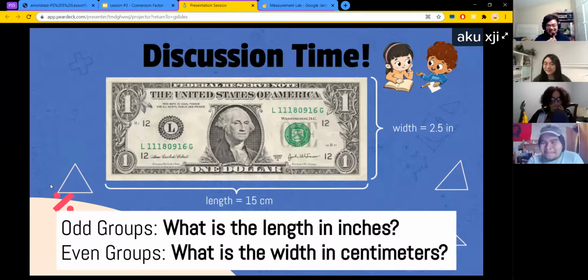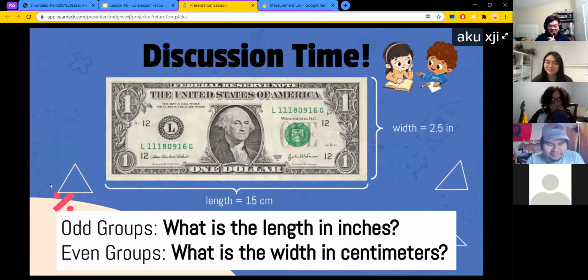So what we did was, we're given centimeters, and in 1 inch it's about 2.54 centimeters. So we just took 15 centimeters divided by 2.54 to find the inches, and we got about 5.91 inches.